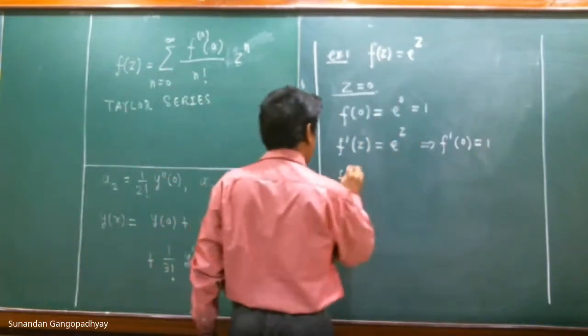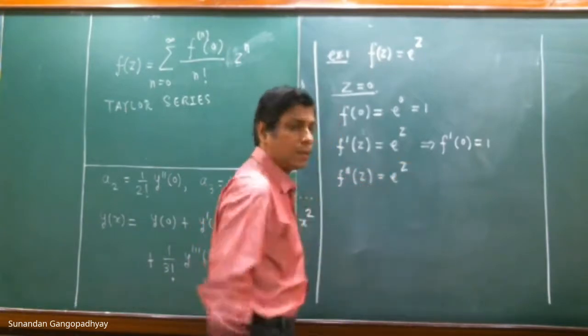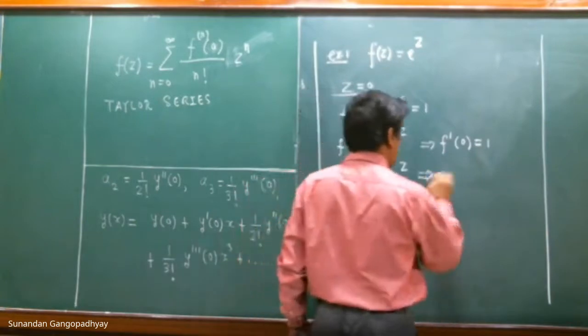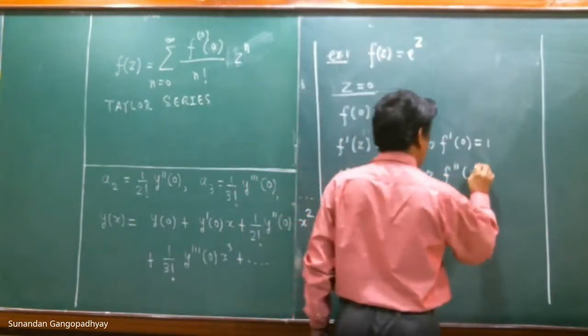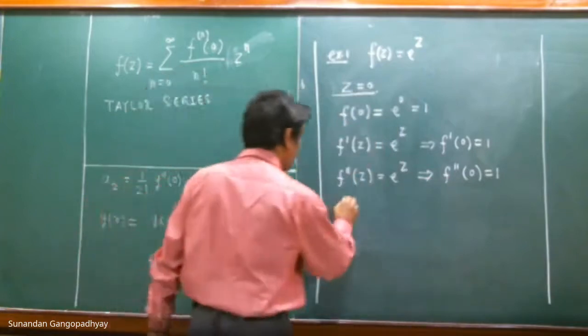What is f double prime z? It is e to the power of z once again, so f double prime 0 is also 1. And you can keep on doing this.